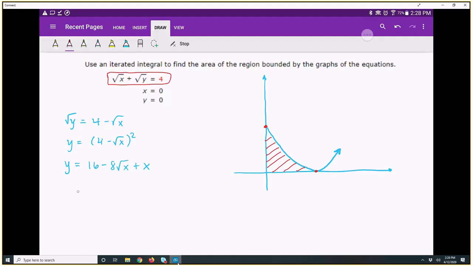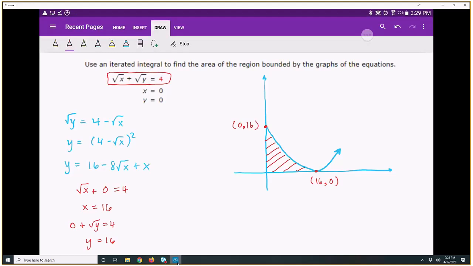So I'll have square root of x plus square root of 0, which is 0, equal to 4, which means that x is equal to 16. So my x-intercept is (16, 0). And in the same way I can find the y-intercept: I'm going to plug in 0 for x, so I'll have 0 plus square root of y equal 4. So y is equal to 16. So my y-intercept is (0, 16).